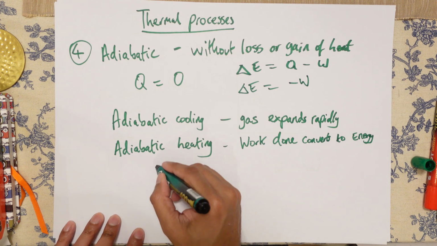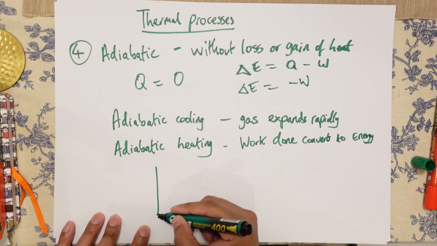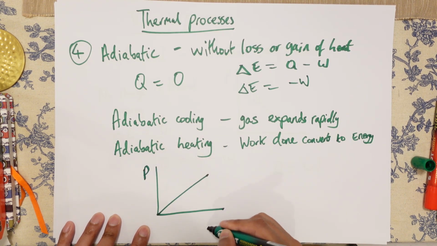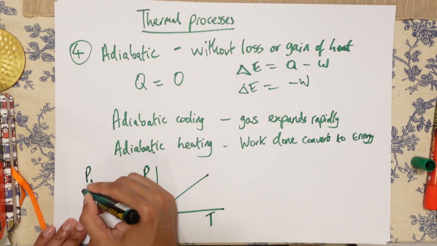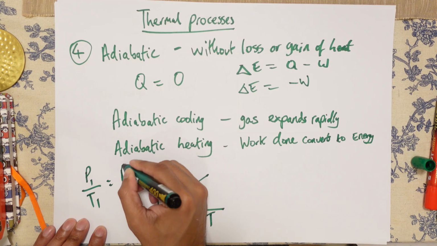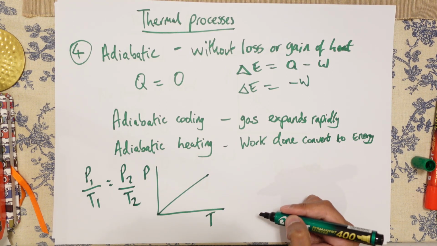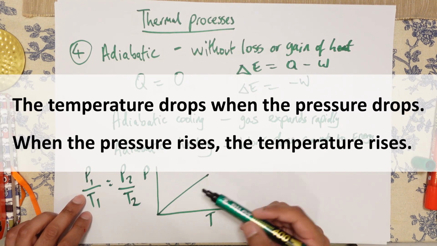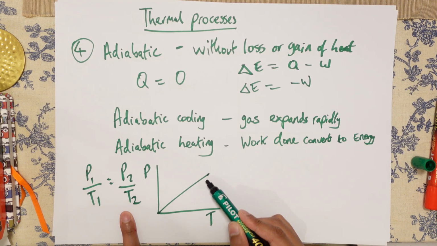Now, why is this? Well, if you cast your mind to Gay-Lussac's law, and Gay-Lussac found this situation over here, where you got pressure and temperature, and P1 over T1 is equal to P2 over T2. Okay. Now, what does that mean? Well, the temperature, when the pressure is very low, is going to be low, and when the pressure is high, the temperature is going to be high.